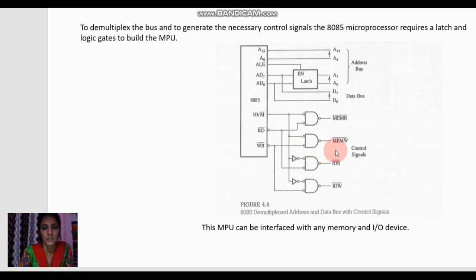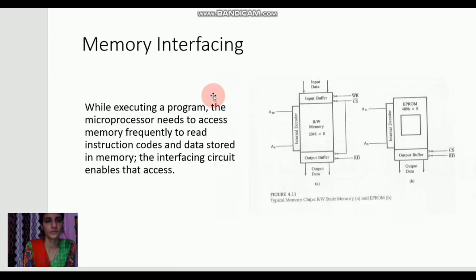Since the IO/M bar signal is equal to 1 for input output devices and equal to 0 for memory, it can be combined with the read and write signals in this fashion to get memory read or memory write signals and input output read and write signals. This MPU can be interfaced with any memory and input output.